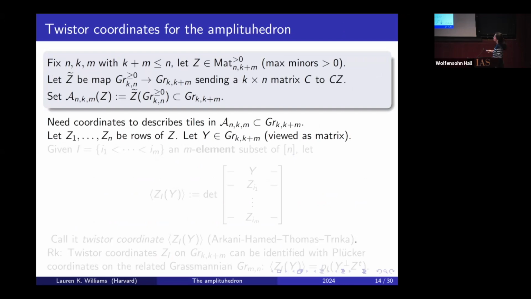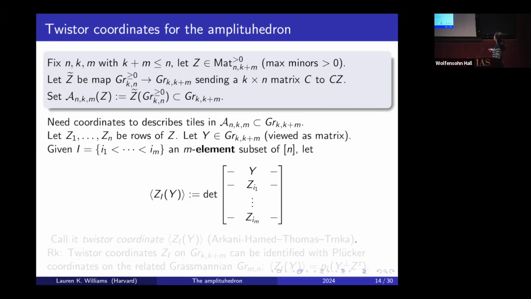Okay, so as before, Z is an n by k plus m matrix, and we'll let its rows be denoted Z1 through Zn. Now let's take an element y in the Grassmannian of k-planes in k plus m space. We're always taking matrix representatives. Now if I is an m-element subset of the numbers 1 through n, we will define the twistor coordinate z sub I of y to be the determinant of the following matrix.